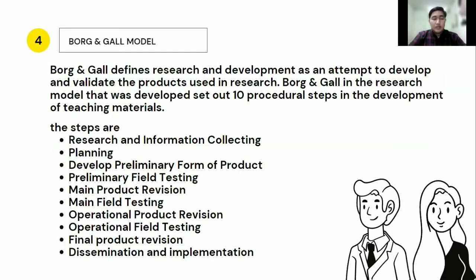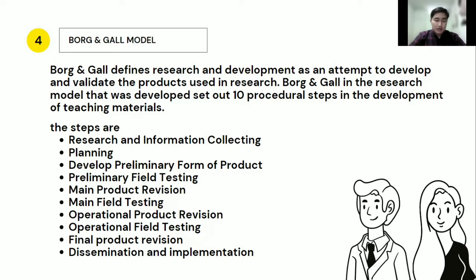The next model is Borg and Gall model. Borg and Gall define research and development as an attempt to develop and validate the products used in research. Borg and Gall in the research model that was developed set out 10 procedural steps in the development of teaching materials.